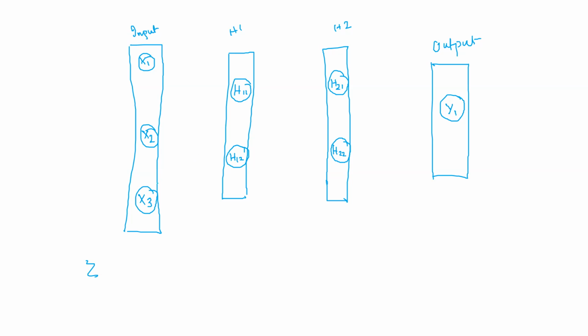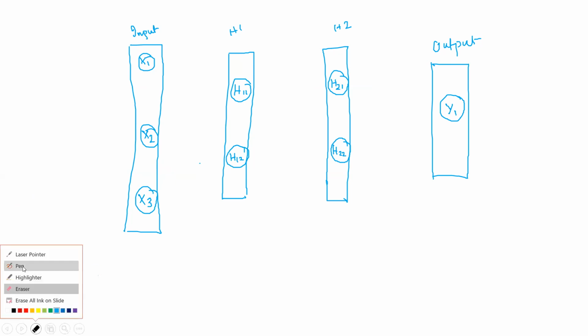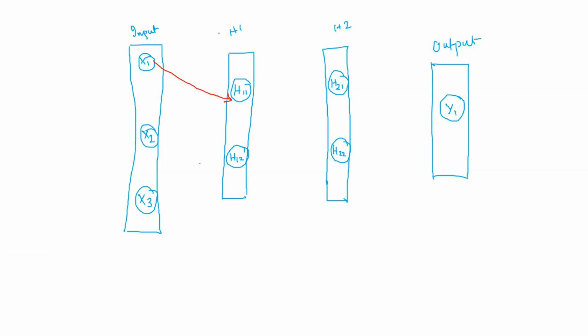So if I draw it right now, I have drawn the layers. Now if I draw the connections, so let me just choose a color. So let's say this guy is impacting here. This is a first layer.